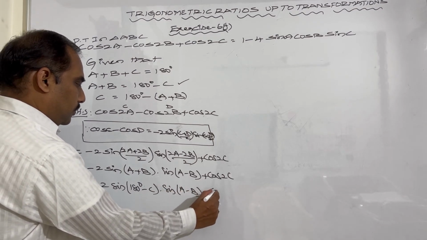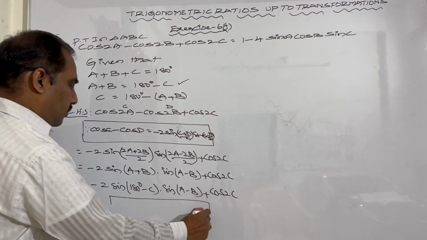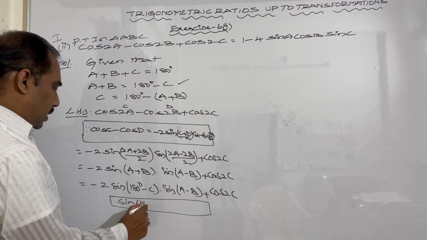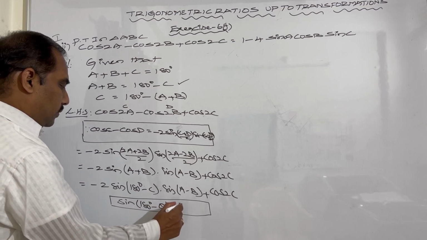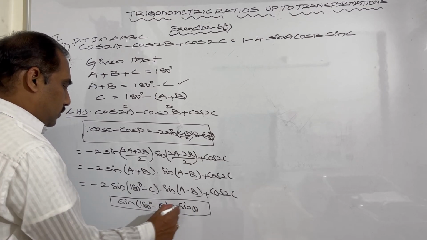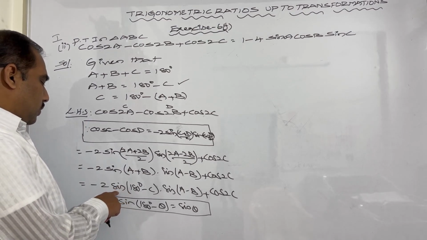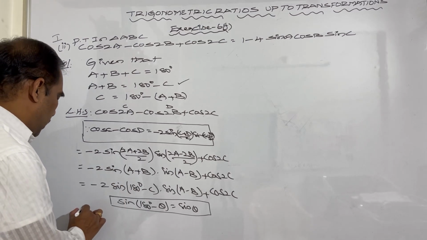Now A plus B is replaced by sin of 180 minus C into sin of (A minus B), plus cos 2C. We know that sin (180 minus theta) is equal to sin theta. So sin (180 minus C) is always sin C only. Why? Because 180 minus theta belongs to the second quadrant, where sin is positive and there is no change in the trigonometric ratio.